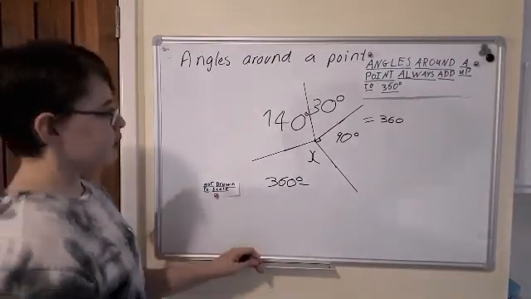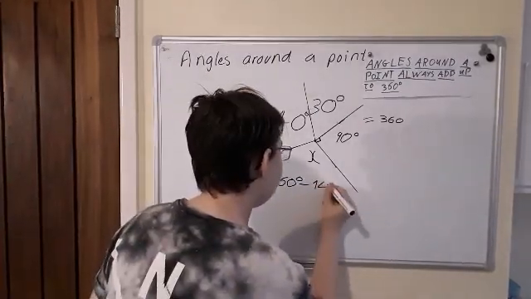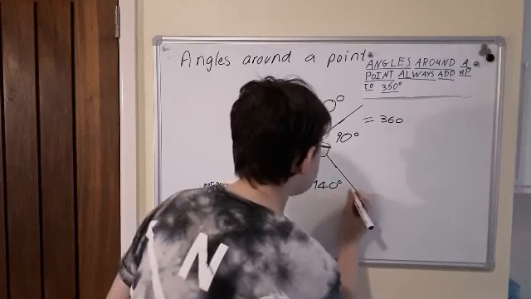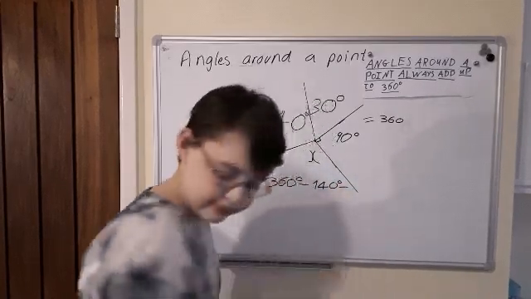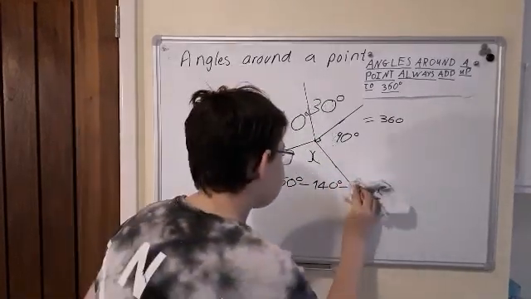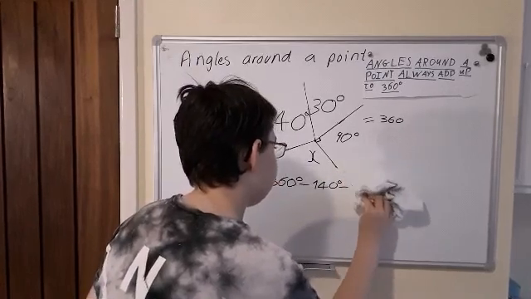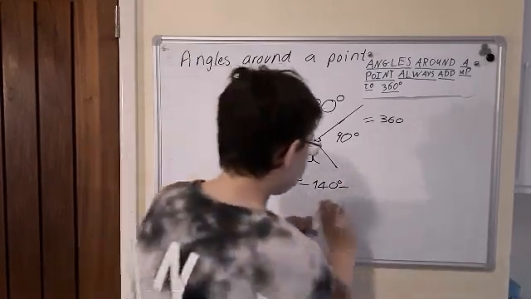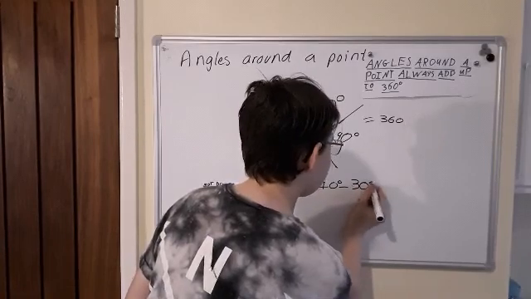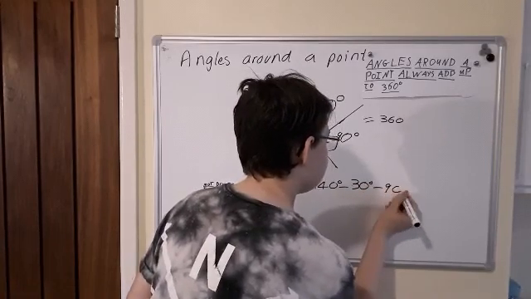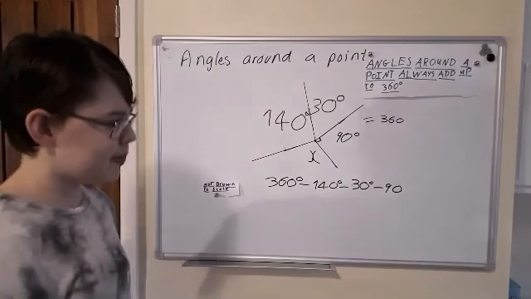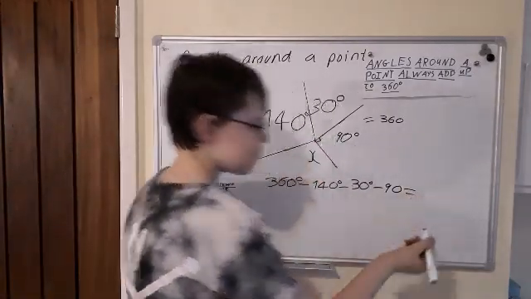Well, let's do what we've got so far. 360 degrees minus 140, minus 30, minus 90. Now, that's a bit of a long equation, isn't it?